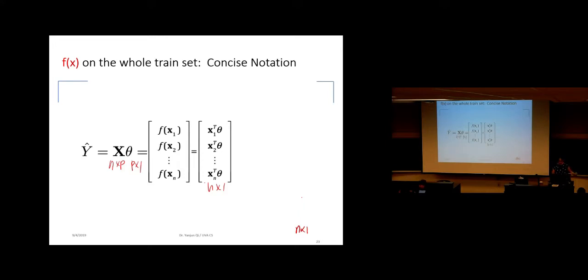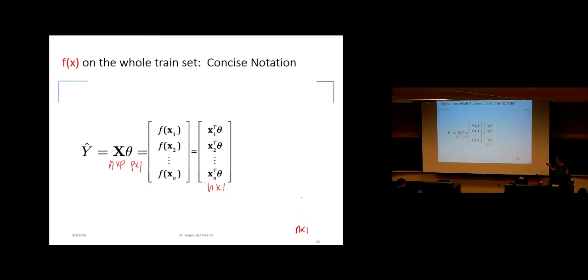Again, I want to put the representation into matrix or vector form. If I apply f(x) on x1, what I get is x1 transpose theta, right?